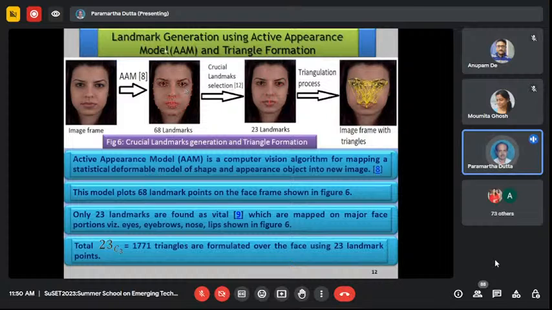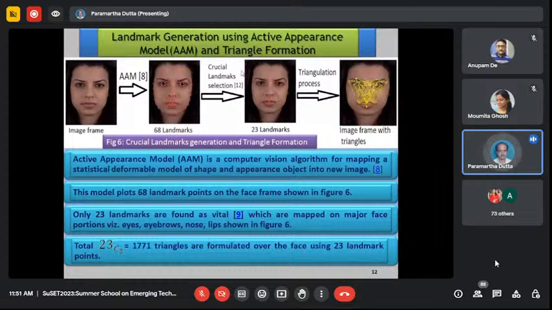Now next comes that 68 landmark points, admittedly, are the most sensitive points available on a face image, susceptible to any change whatsoever. Now out of the 68, we are identifying 23 landmark points, which contribute the most to any change in facial expression. This is what is known as crucial landmark selection.